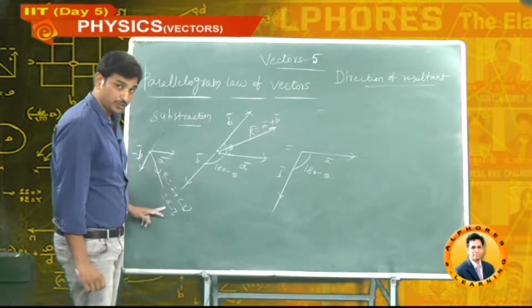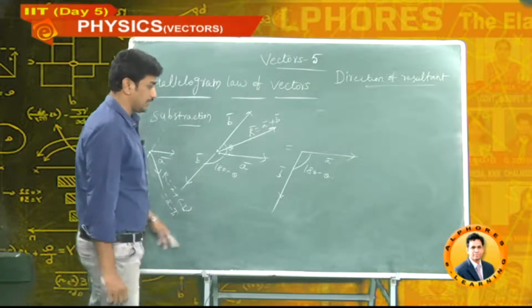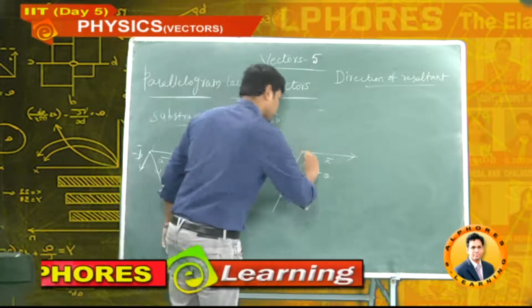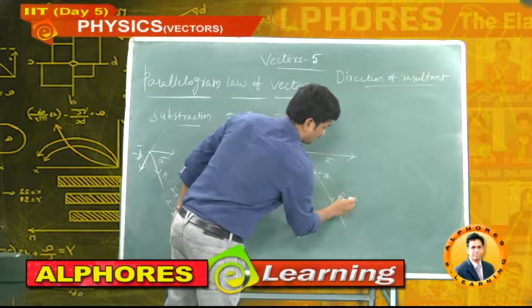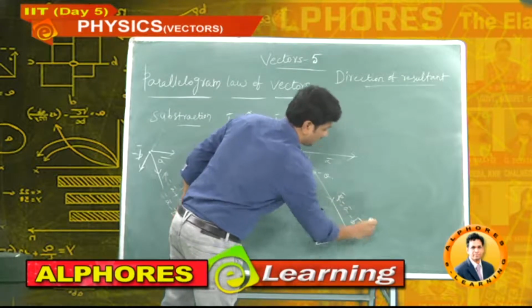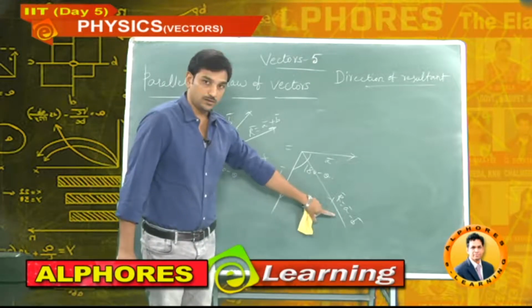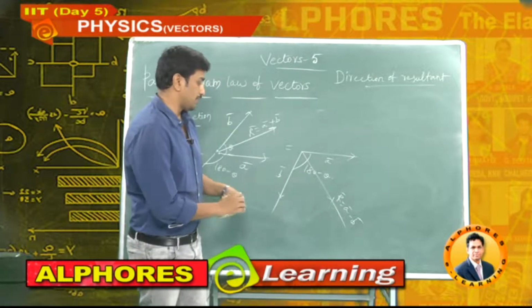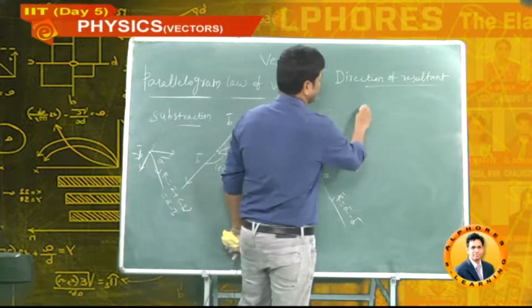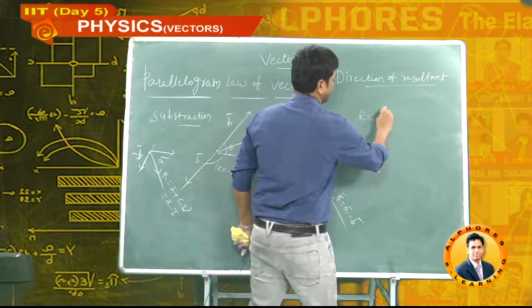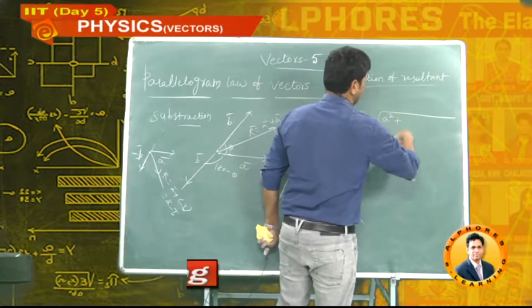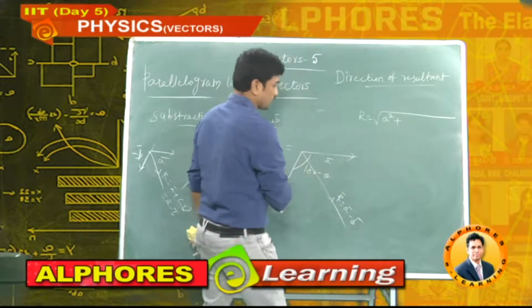Have you understood my point? Now the resultant of these two is A bar minus B bar. How? See here, A bar minus B bar. Now what is the magnitude of this? Magnitude of this is under root of A square plus B square.